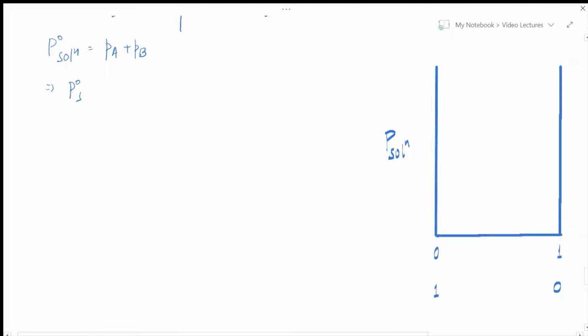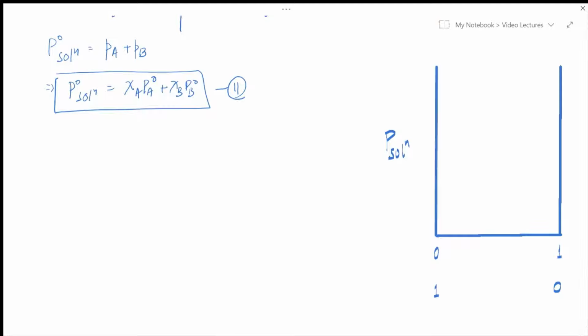So P naught solution can be written as xi A PA naught plus xi B PB naught. Xi A PA naught is the contribution of A towards the vapor pressure, and xi B PB naught is the contribution of B towards vapor pressure.